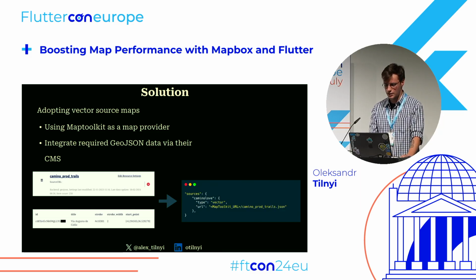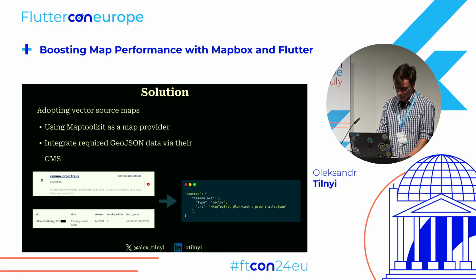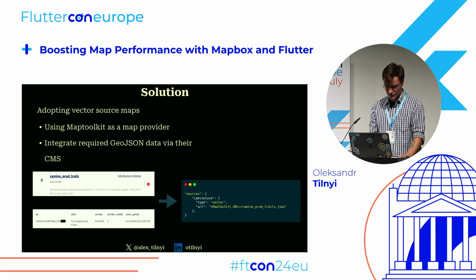And the data would come to us only in chunks we require, so the line won't consist of 3,000 points, but will come in smaller chunks, and performance would be better. Previously we needed to download the whole trail, which was a huge amount of traffic, and for now the map provider will do it for us.